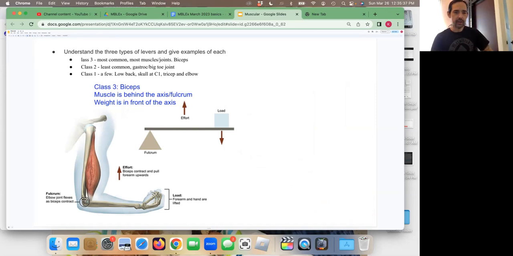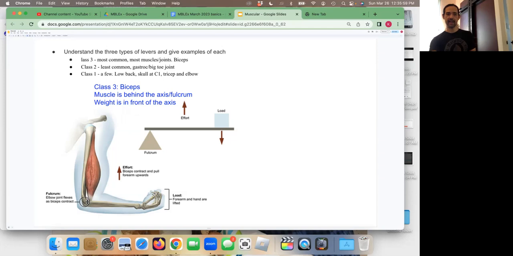All right, so the most common lever is class 3, or third class. An example of class 3 being the most widely distributed can be found almost anywhere in the body. The one that's commonly used is the bicep. Let's look at the axis first.